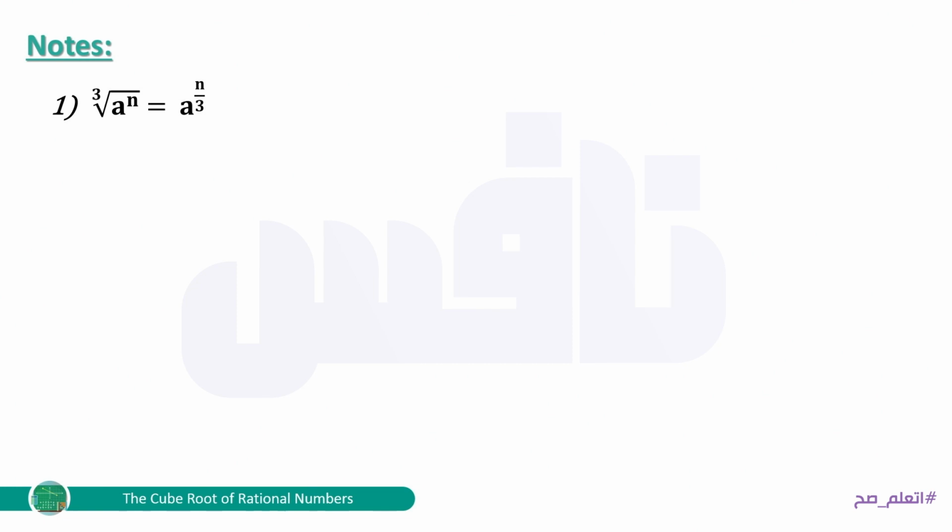For example, if we have cubic root a power 6, the result will be a to the power of 6 over 3. It will be 6 over 3, which is 2. So it will be a to the power of 2.